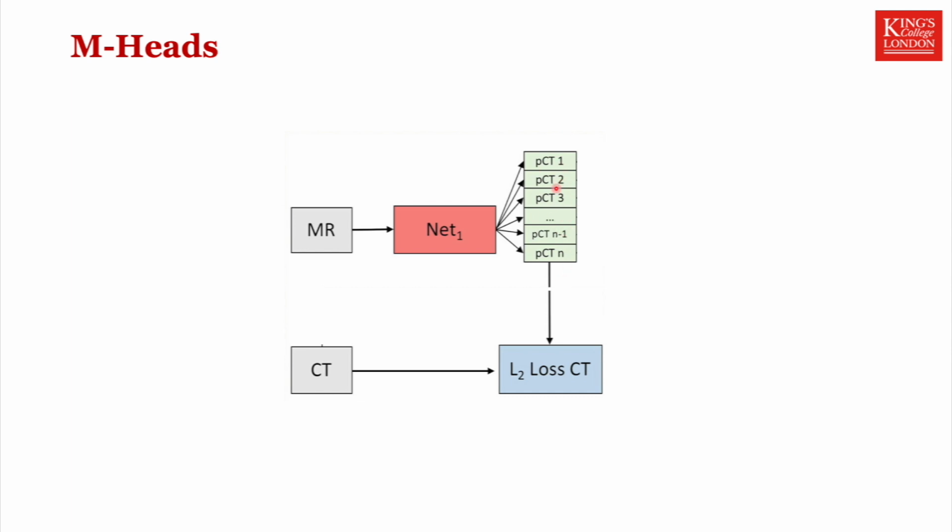So what you do is you initialize them slightly differently, which means the predictions are going to be slightly different at the beginning. We calculate the L2 for each one of the outputs, and then we select the head that has the lowest L2 value, and we backpropagate only through that channel. So we end up backpropagating through the network only through the head that has the lowest L2 value for that specific input image example.